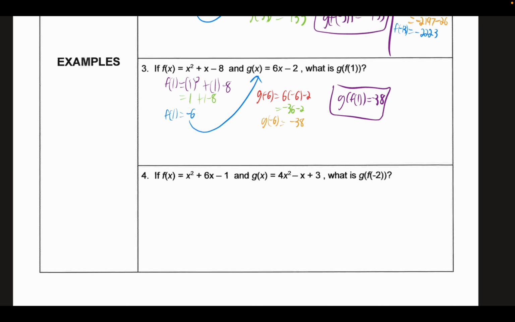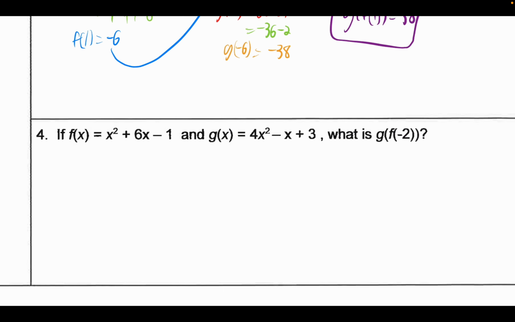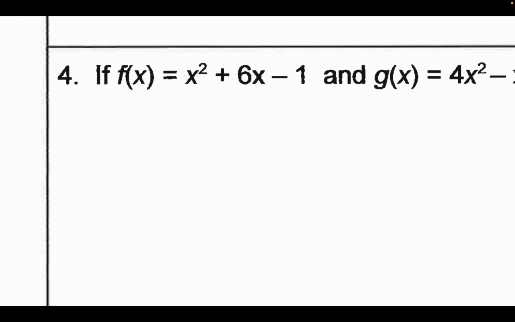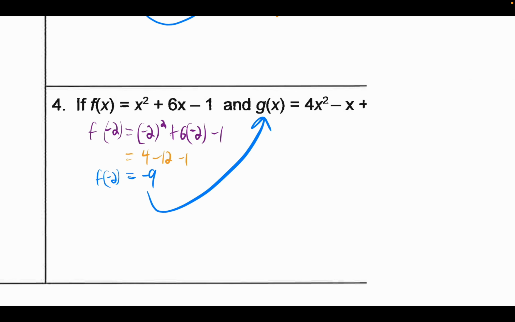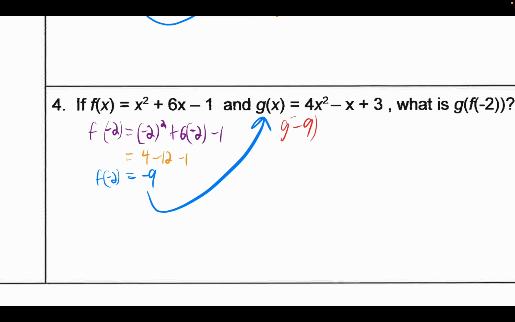And on to our last problem here, g of f of negative 2. So plug negative 2 in f, plug that result into g. So starting off here, f of negative 2, negative 2 quantity squared, plus 6 times negative 2 minus 1 is 4 minus 12 minus 1. So f of negative 2 is equal to negative 9. Plug that into g of x, and I get g of negative 9 is equal to 4 times negative 9 squared minus a negative 9 plus 3.